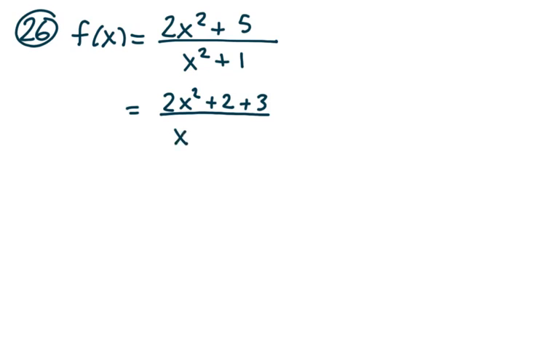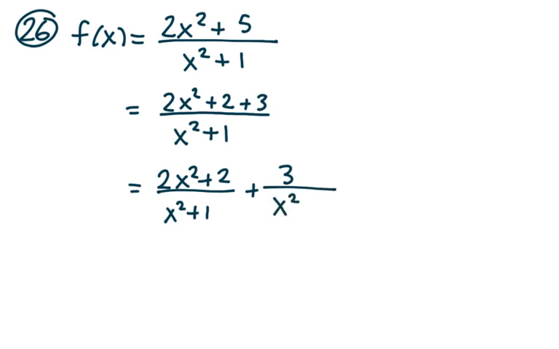Okay? Divided by x squared plus 1. So what I'm trying to do in the numerator is manufacture x squared plus 1. Because watch what happens. I'm going to get 2x squared plus 2 divided by x squared plus 1. Then I'm going to add 3 over x squared plus 1.